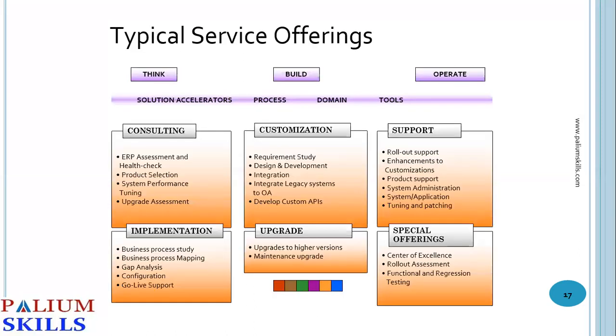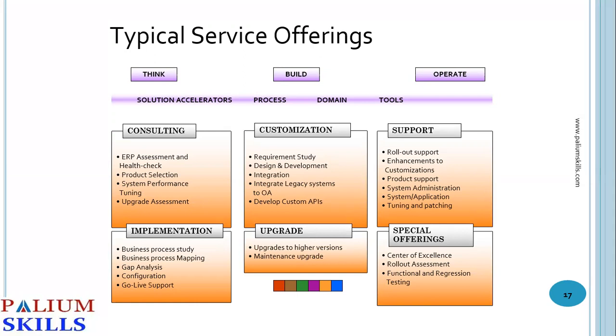So when we come to the different types of work that we do in the Fusion or in the ERP landscape, these are all different work that is done around the ERP product. So consulting work can be ERP assessment, health checks, product selection.